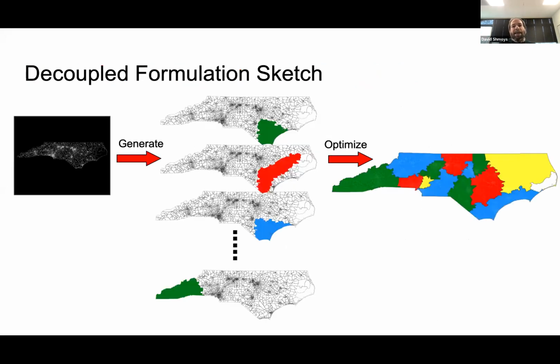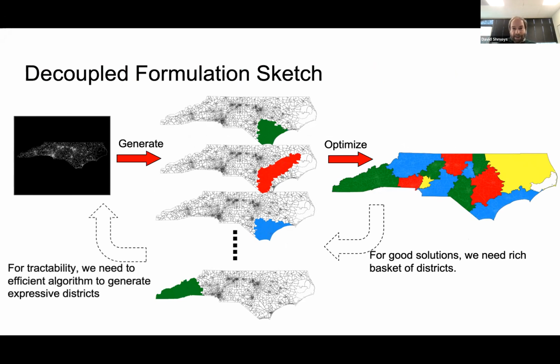So what I'm going to do instead is decouple two stages. On the one hand, I'm going to generate a very good enumeration of a subset of all the feasible columns. And it should be good enough that, as I think about the overall statewide plans, we generate a rich enough set of full statewide plans to then be able to optimize over those in an effective way. And that's going to be the trade-off that we're going to play.